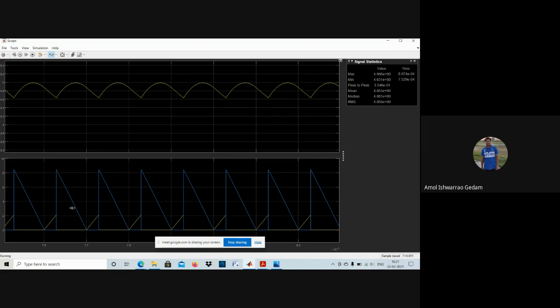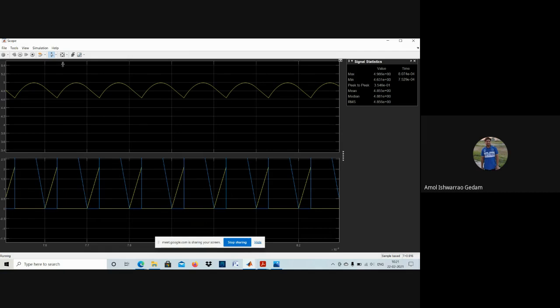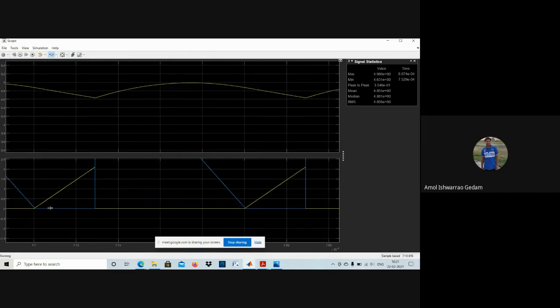When output current is conducting, the input current is 0, and when input current is conducting, the output current is 0. And slope also you can calculate according to the formula VL is equal to L di by dt during turn on. So you will get the maximum to minimum value.